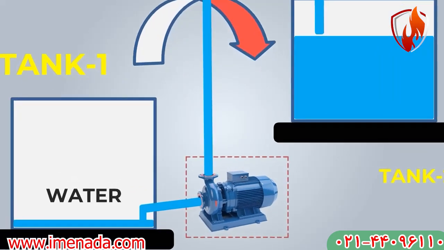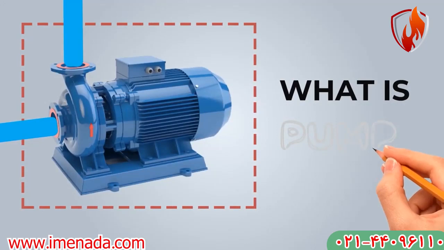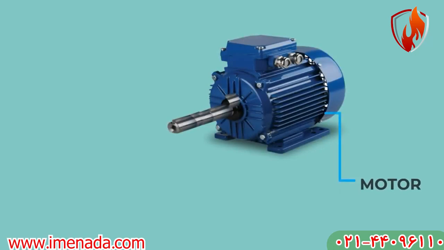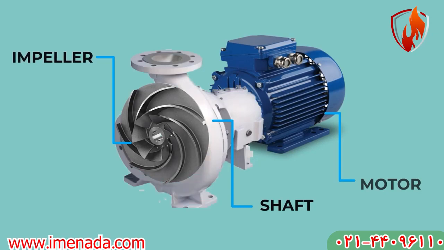So, what is pump? Let's try to understand the basic philosophy. A pump has a motor, a shaft that is connected to the motor, an impeller which is connected to the shaft. The impeller is housed within a pump casing.